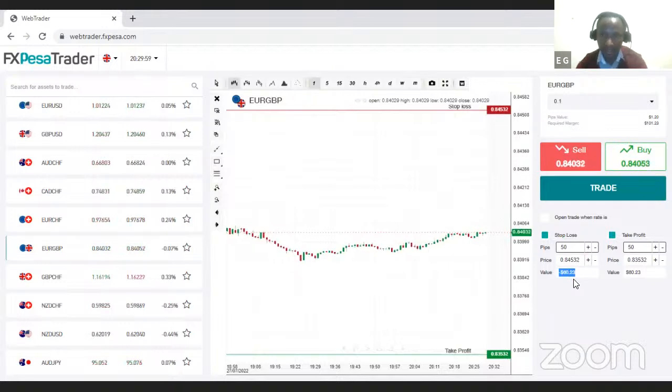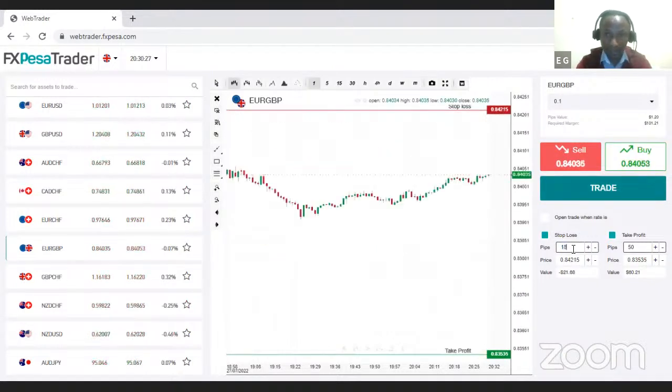So in this case, if you are to set your stop loss and take profit on the basis of an ATR reading of 12, which is the current reading for this pair, you take a 1.5 factor and multiply by the number of pips, which is 12. That gives you 18 pips.